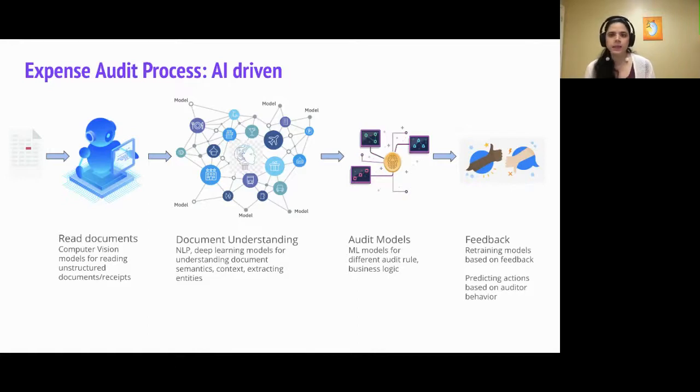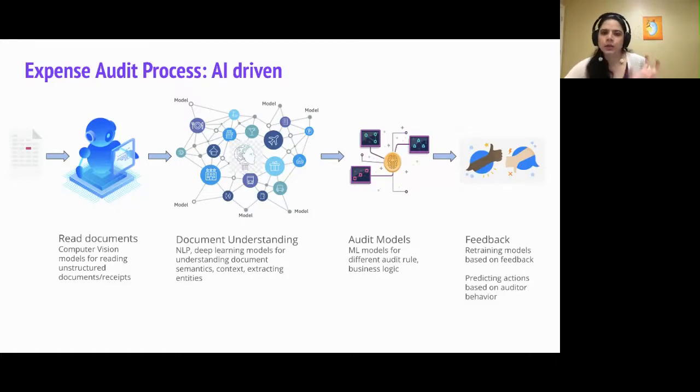This is the mechanism where the auditors' actions are received by the AI models, and the AI models can go back, retrain themselves, configure themselves, and improve. This continuous process of feedback and improvement is very crucial for any AI-driven system.